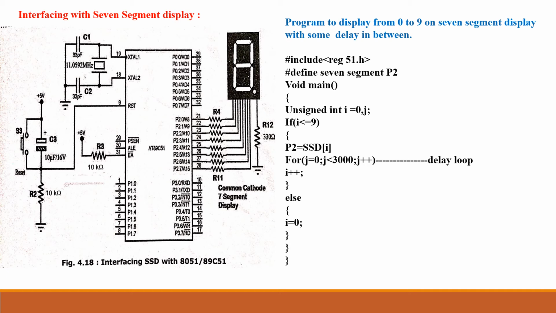So अगर आपको 9 to 0 number display करना है, in that case we change the condition of the if loop, and instead of increasing the number, that is I plus plus, we take it as I minus minus and display the numbers from 9 to 0 on the 7-segment display.